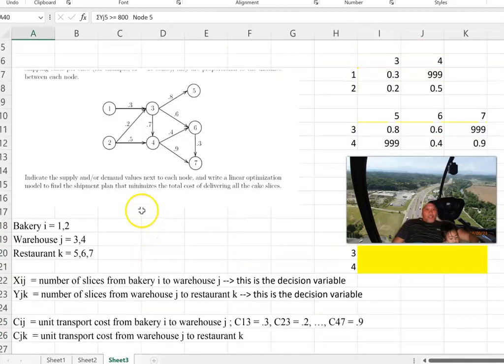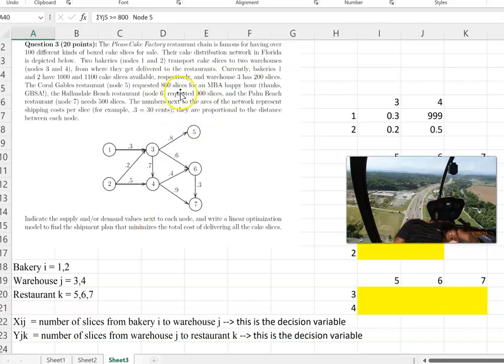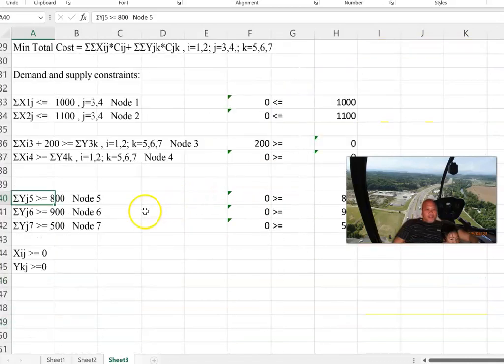Now the next constraints here are the demand constraints, so 5, 6, 7 have certain demands. Restaurant 5 needs 800, restaurant 6 needs 900, restaurant 7 needs 500.